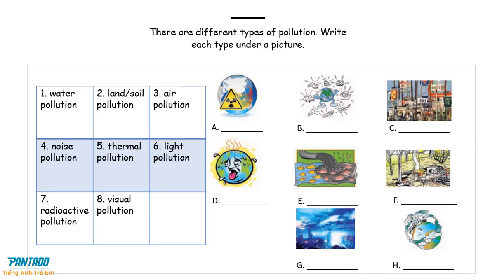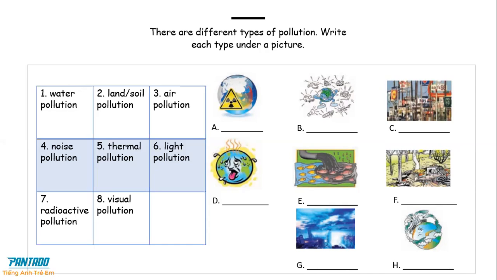Yes. Let's start. You know how to write on the screen, right? Yes. Okay. So we have in number 1, water pollution. Number 2, land or soil pollution. Number 3, air pollution.